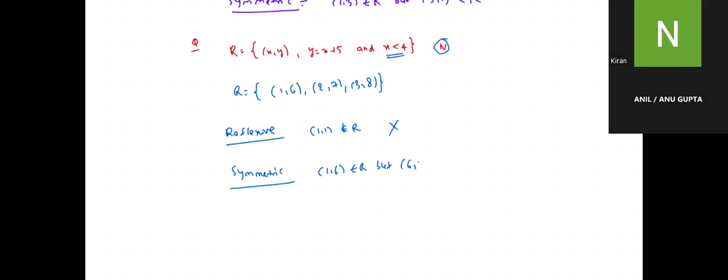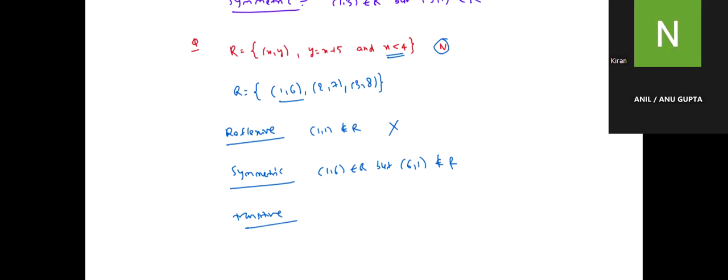Transitive? Transitive also no, because 1, 6 से है. Okay, why is it not transitive? Can you explain? इसके वजह से a comma b and then b comma c, but a comma c नहीं है. So क्या लिखेंगे reason?